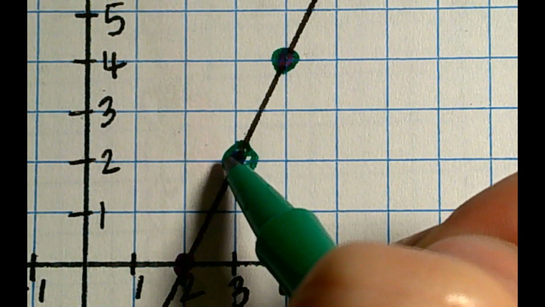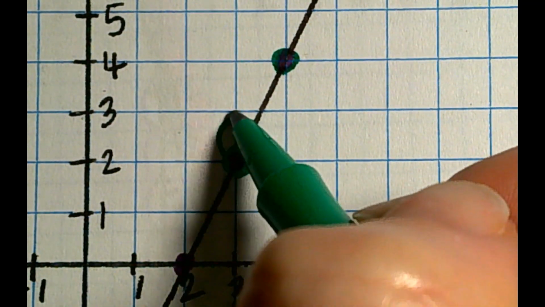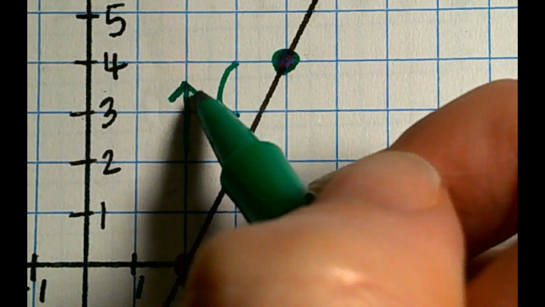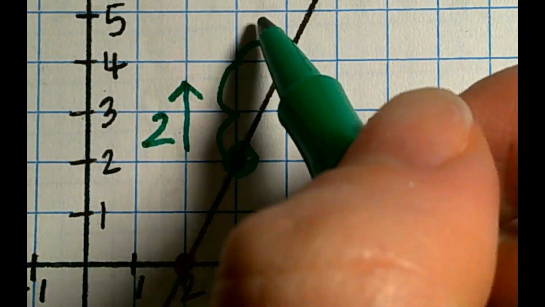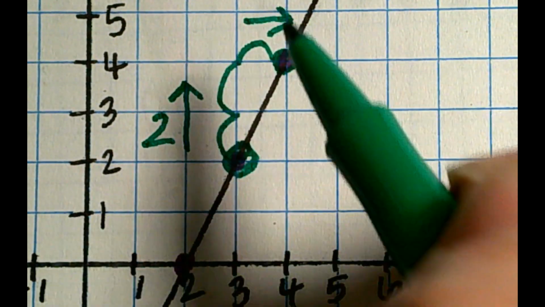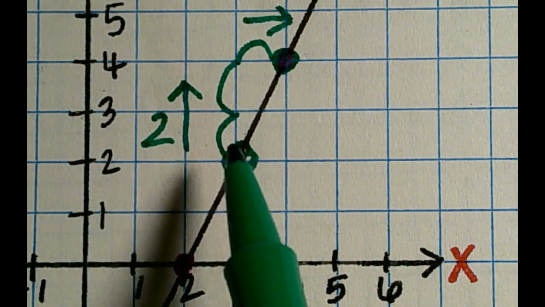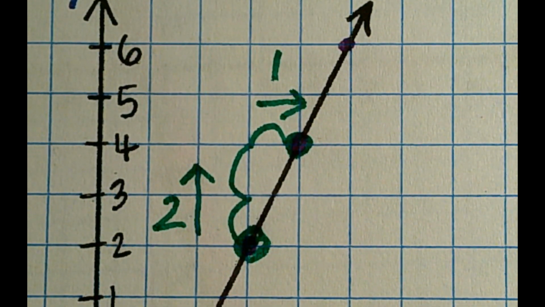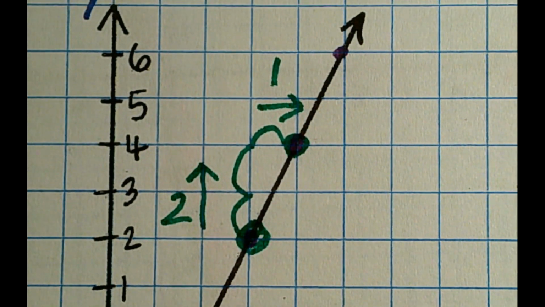So just like you said, Titania, there is 1, 2 spaces up and 1 space over. So what is my rise? 2. What is my run? 1.